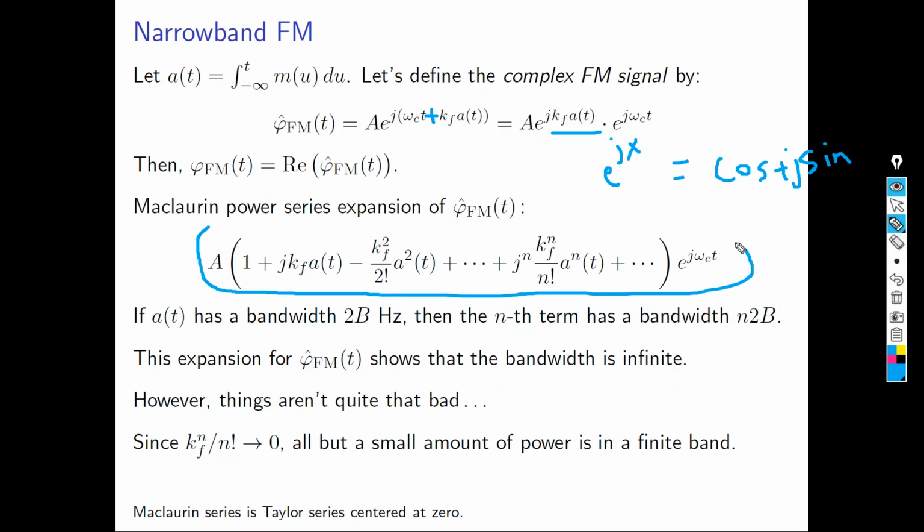You know the power series analysis, I don't know if you have taken it in math, but for those who don't know, if you have an exponential function like this, e to j kf a of t, you can approximate this function using power series analysis.